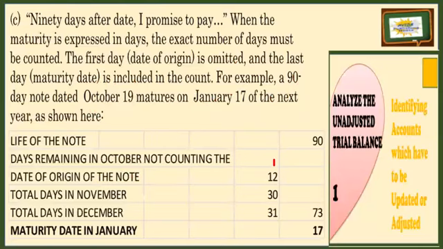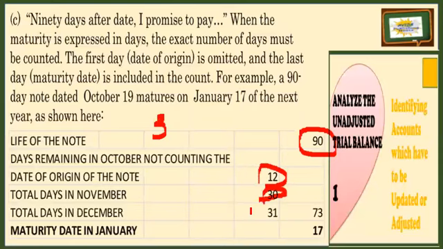So we compute. This is a 90-day note dated October 19. From October 19 to 31, how many days? 12. How many days in November? 30.